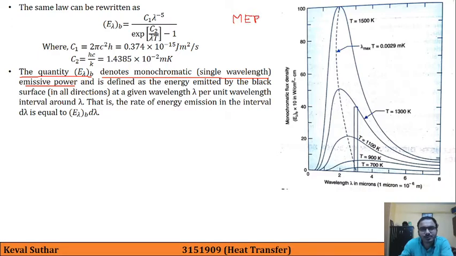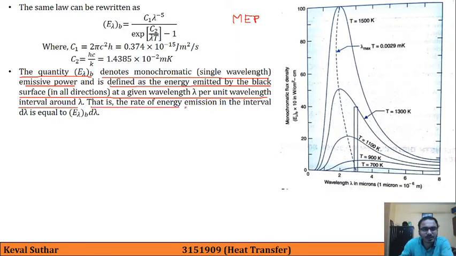You should remember that the meaning of MEP is monochromatic emissive power, and it is defined as the energy emitted by a black surface in all directions at a given wavelength lambda per unit wavelength interval around lambda. So this is the definition of monochromatic emissive power.